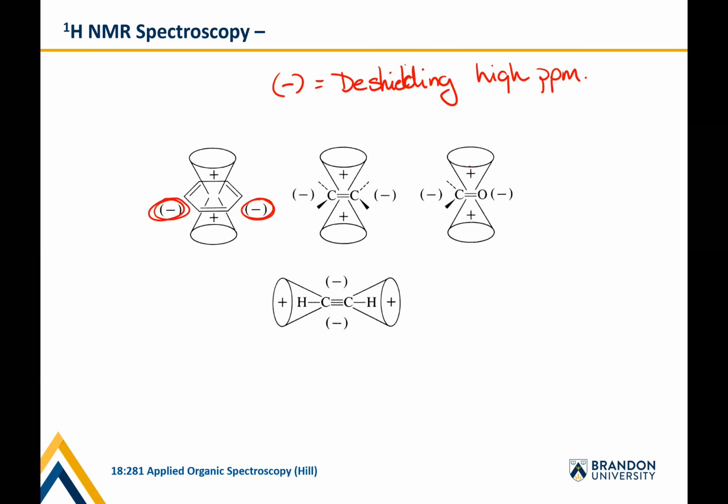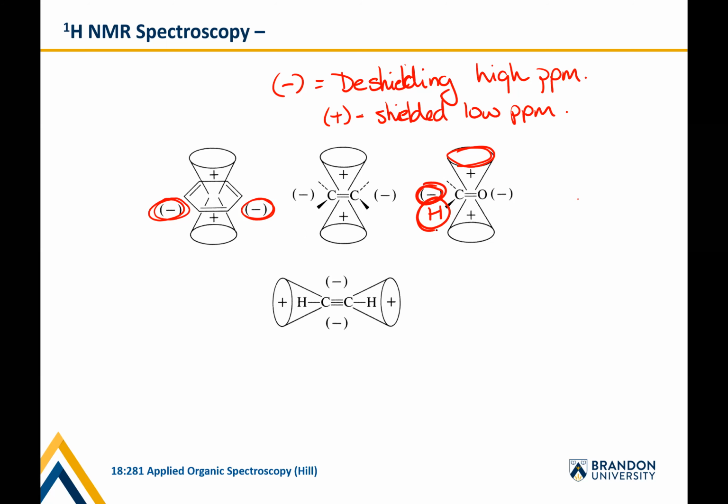And the positive parts are shielded, so this is low ppm. And with the carboxylic acid or an aldehyde, these are right in the negative zones, so this would be de-shielded.